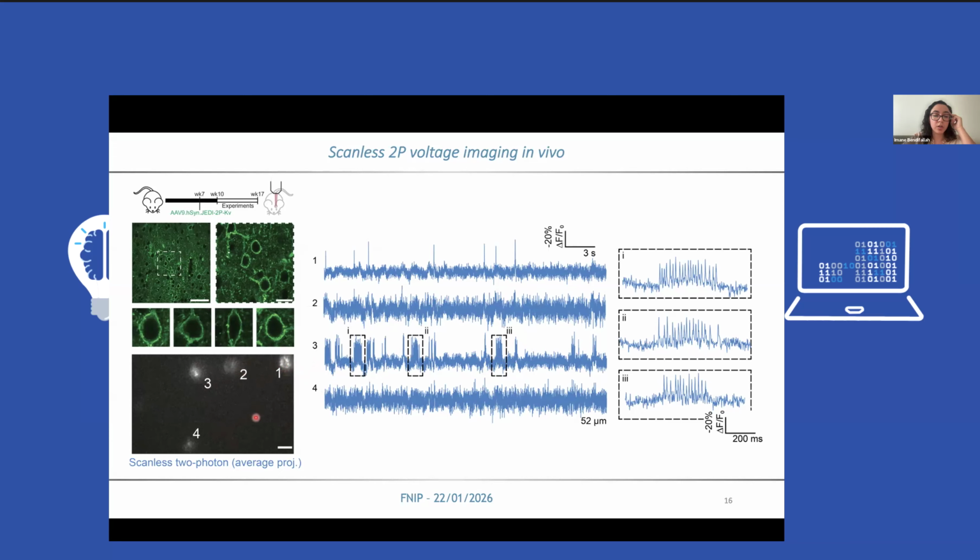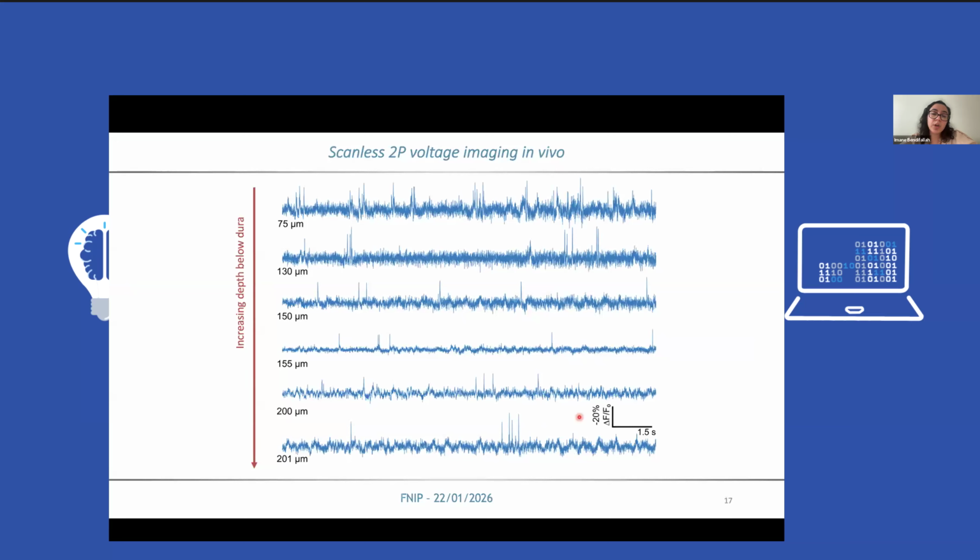Here's the average projection of the data we got, and here are the corresponding traces. And you can see that the cells displayed several patterns like single spikes or trains of action potentials, which are zoomed in here. This particular example was taken at 50 micrometers below the brain surface, but we were actually able to record spontaneous activity all the way to 200 micrometers below the surface.